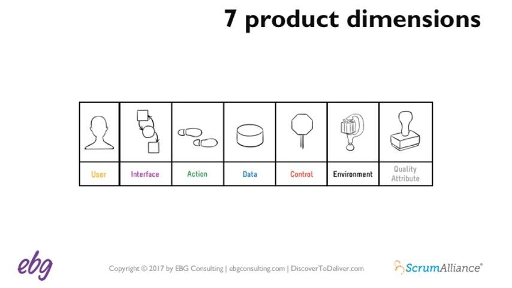And the quality attribute dimension describes the properties of the product's operation and development, things like security, usability, reliability, response time, testability, all those little things that can make or break your product. You'll notice that each dimension is represented with an image and a color, and we find using those in conversations really helpful as we're refining our backlog items to get them to ready.